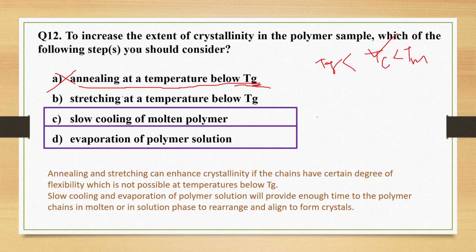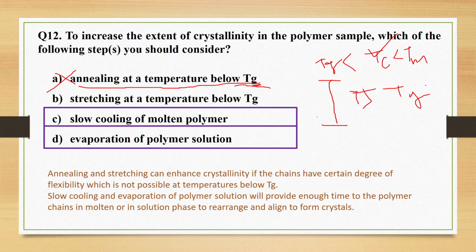Coming to the second option, stretching at a temperature below Tg. Another way, other than annealing, to impose crystallinity in a polymer is by stretching above Tg. If you look back at the slides, Professor Dhara has mentioned that another way to impose crystallinity is to stretch a polymer at a temperature greater than Tg.